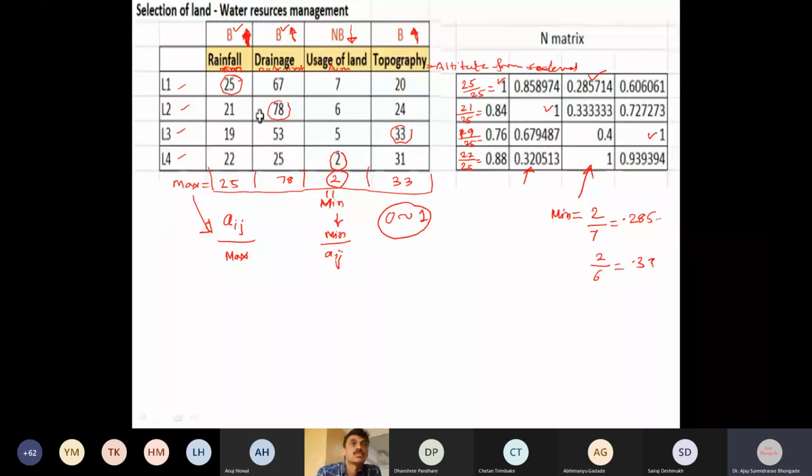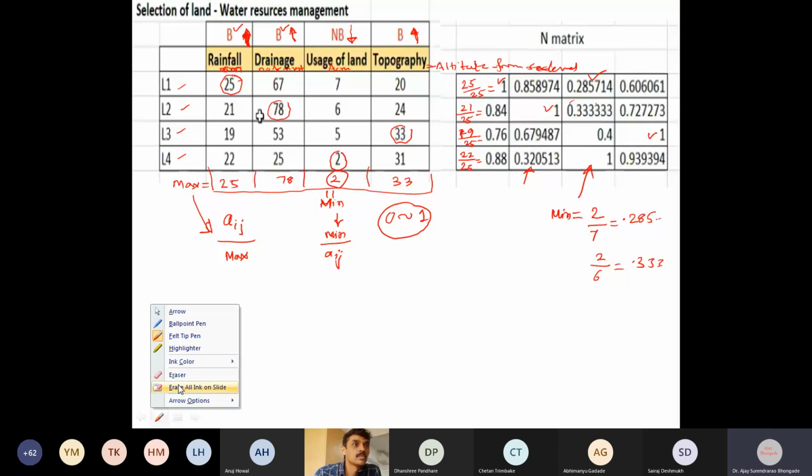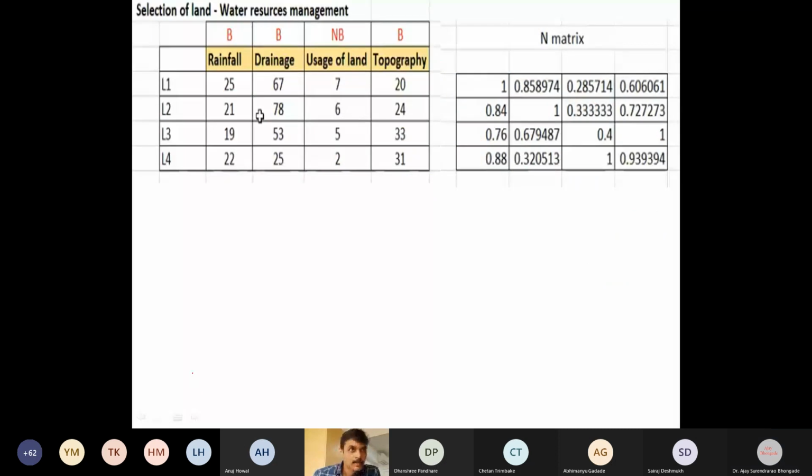And the rest of the scores form what we call the normalized matrix, which will be used to calculate or compare the things now. So now the process becomes quite easier. Again, we are assuming the weights. Otherwise, if you want to find them, you have to compare pairwise and work out those things.